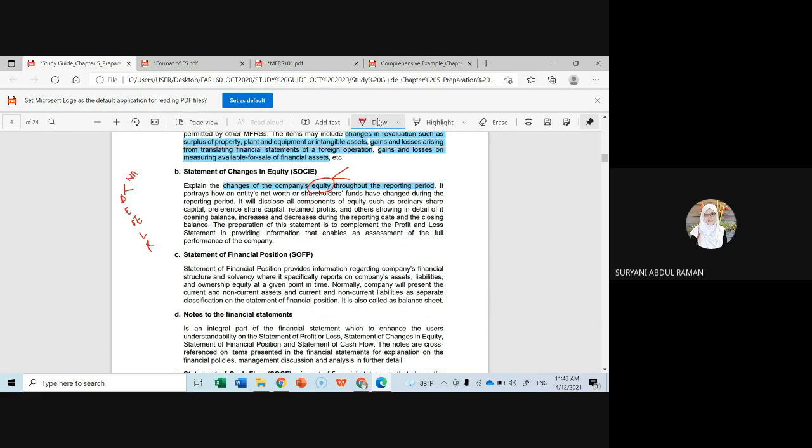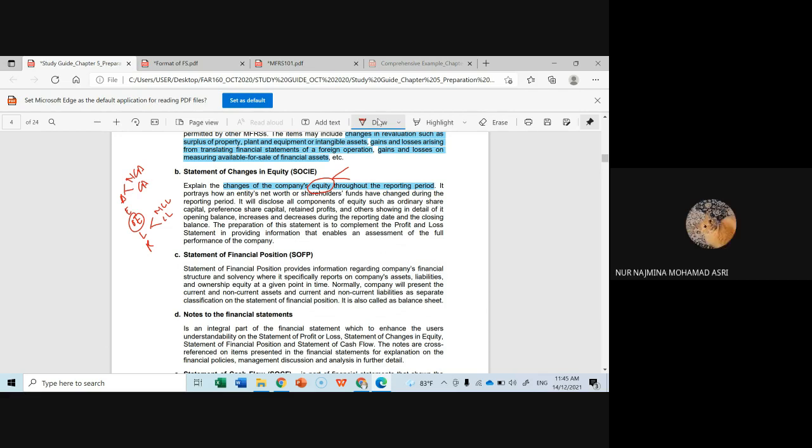Sorry, you have non-current asset. You have current asset. Similarly for liability, you have non-current liability, you have current liability. I'm talking about this one. So in company, can you give me the component of equity that you have learned in chapter 3, chapter 4?